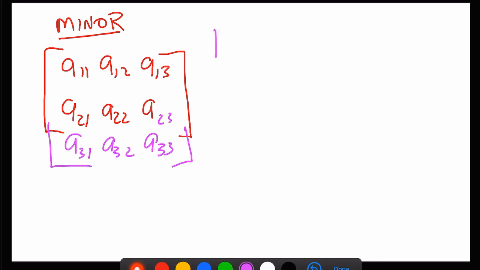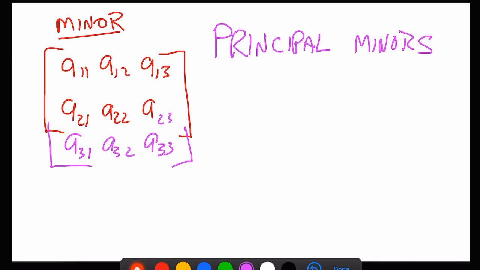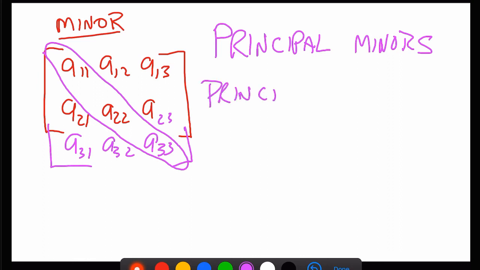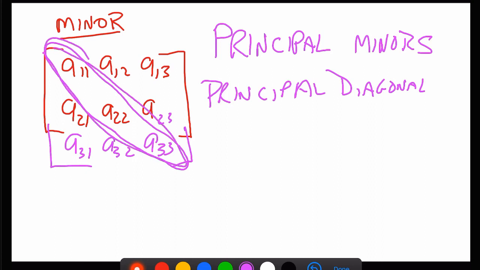For example, we have in a matrix what are called principal minors. A principal minor is a minor built on this thing, which is called the principal diagonal. So it only happens in a square matrix that you have this principal diagonal. In this square matrix, you have these numbers that come down the middle. Now you're saying, okay, where are the minors? Well, A11 is a minor.